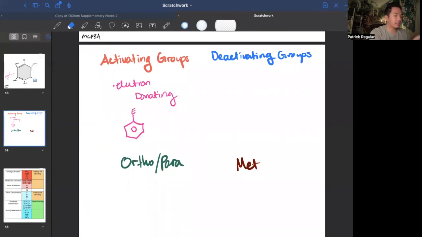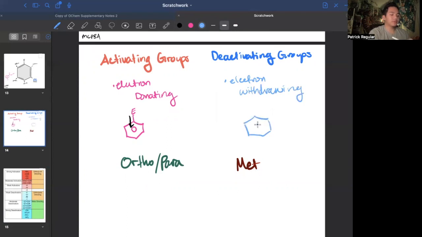Electron density is going into the benzene ring. And deactivating groups, well, it's obviously the opposite. It's going to be electron withdrawing. So your E group, your substituent, will be pulling electron density away. And I like to think of it as an electron sink. It's pulling electron density away from the ring.